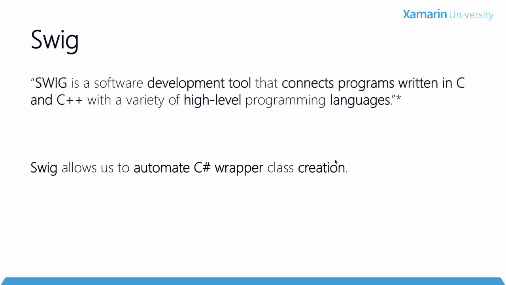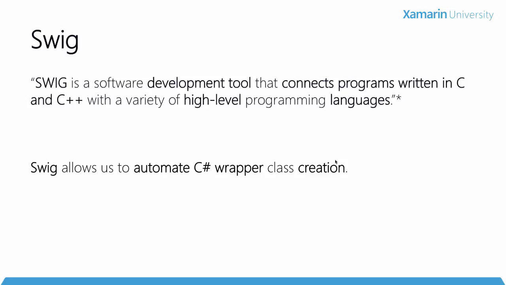The goal that we have set ourselves here is to create C# wrapper classes so that we can make use of platform invoke and reuse existing C or C++ libraries. As we've seen so far, there is a number of things we need to keep in mind when going about this. And I always look for tools which will help me automate some of these processes, especially where they can be error prone. And Swig is one of these tools.